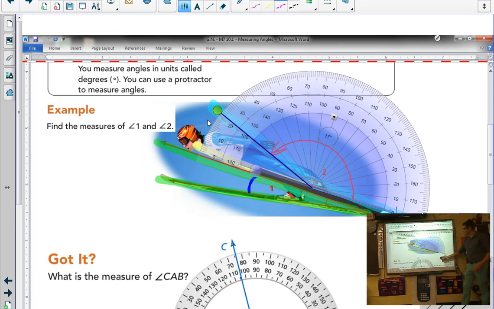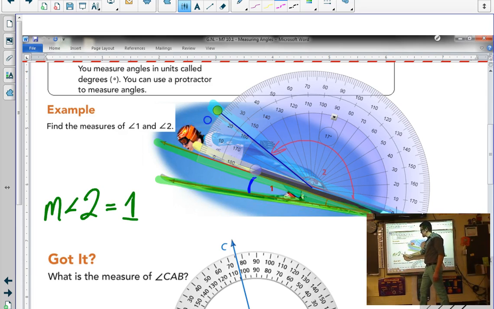If I look over here for my 0, is it the outer or the inner set? It's the inner. My 0 over here is the inner set of numbers. So I follow that set, and where this line goes through, it's right about 160. So we can say the measure of angle 2 is 160 degrees.